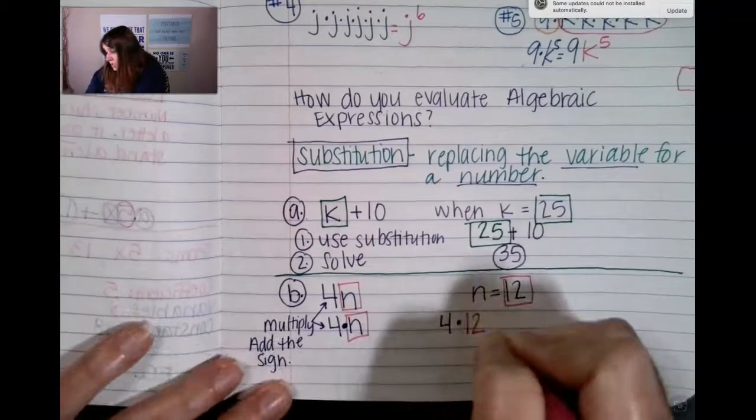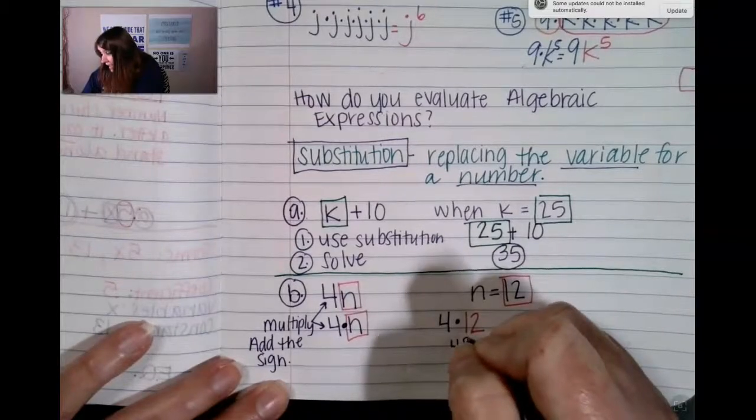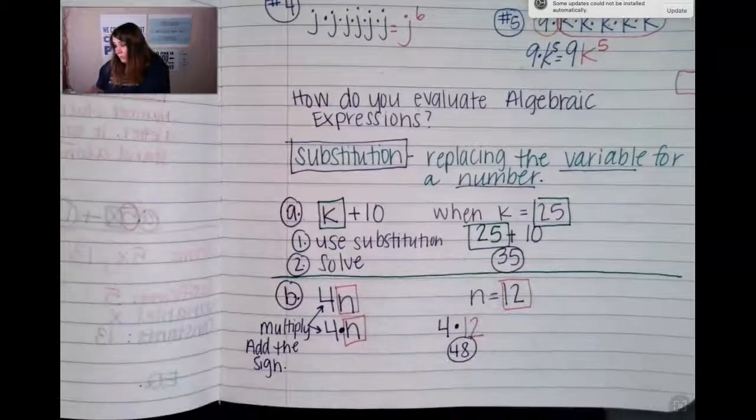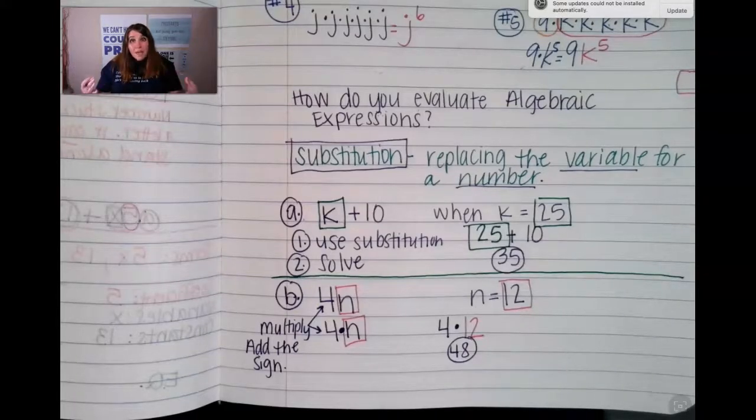So the answer to this whole problem here is 48 when I evaluate. You just use substitution and are solving math problems with letters. You did it. You totally just did it.